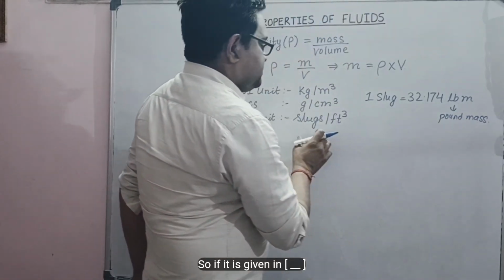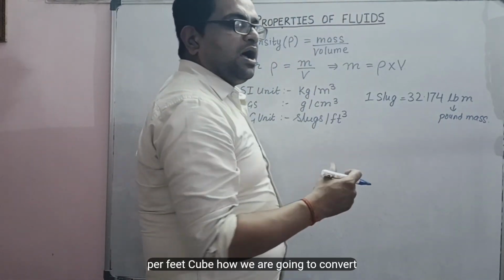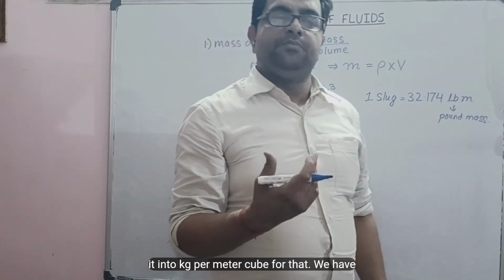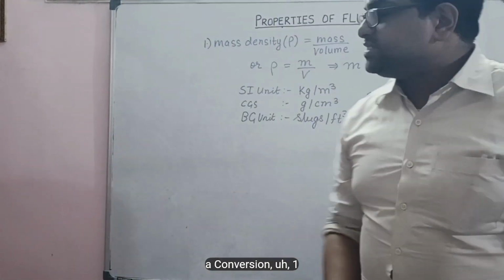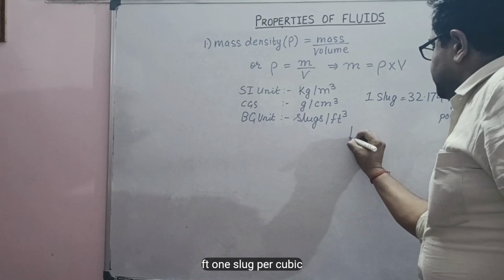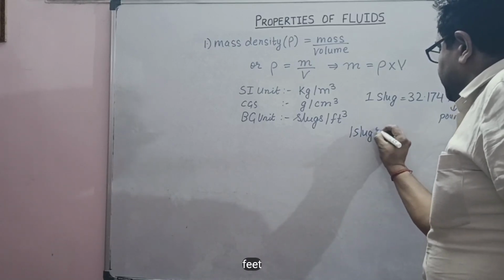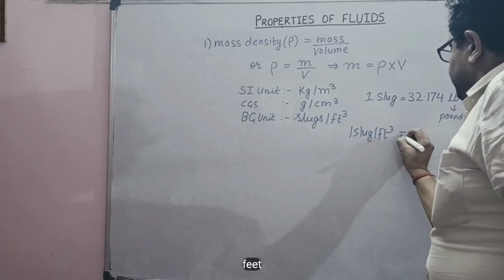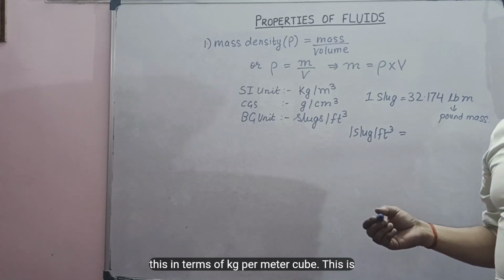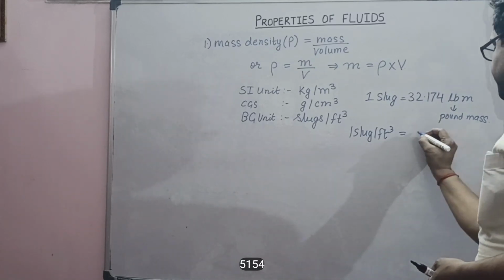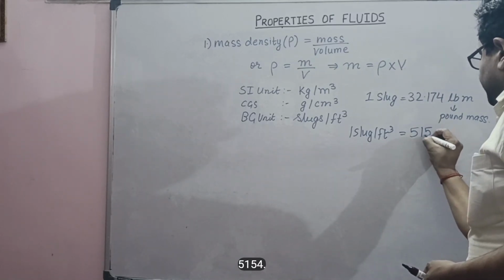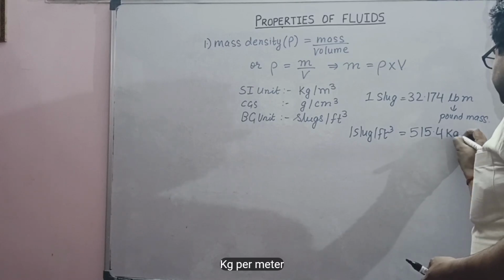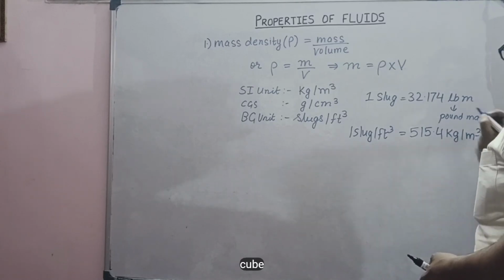So if it is given in slugs per feet cube, how are we going to convert it into kg per meter cube? For that we have a conversion: 1 slug per cubic feet is equal to 515.4 kg per meter cube.